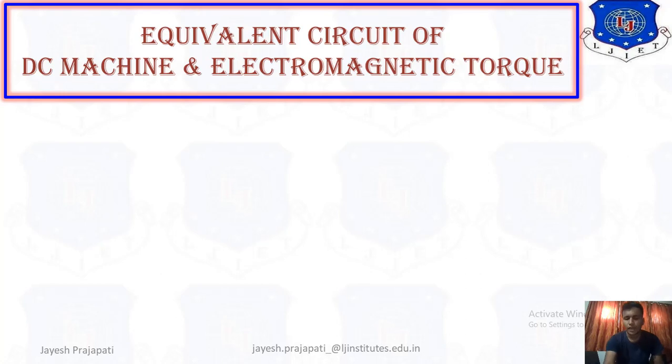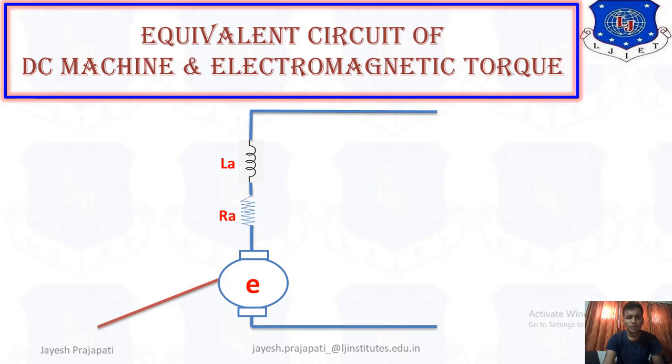So first we take the armature, then the armature resistance, then the armature inductance, and connect them in the circuit. On the motor periphery we connect the shaft. This is the equivalent circuit of the armature, which in simple terms is the equivalent circuit of DC machine.